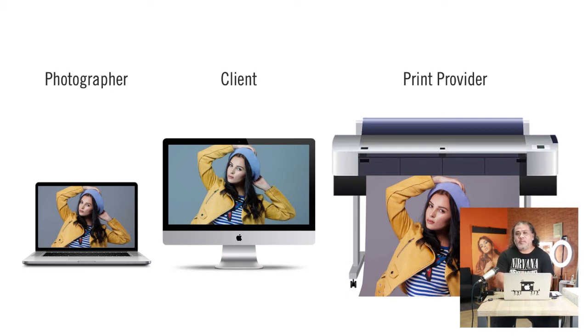There's a color in your monitor that you believe is correct, and a color at your client that your client believes is correct. And then the print provider prints it the way they think is correct.